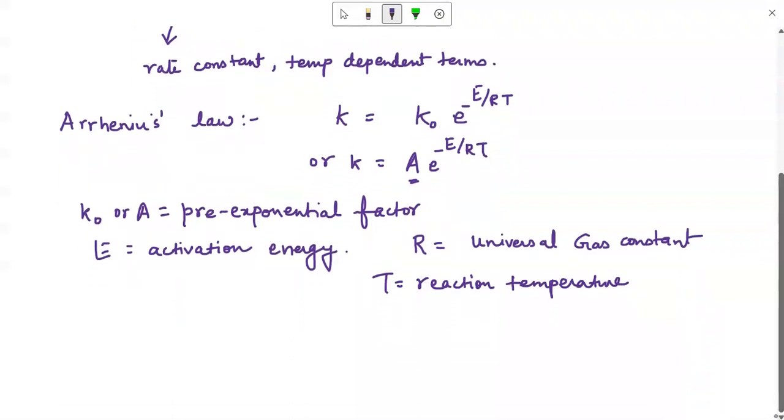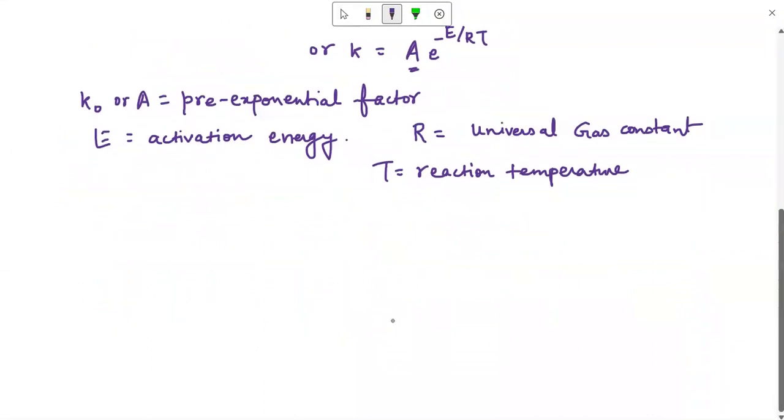So suppose you are studying a reaction at the same concentration but different temperatures.